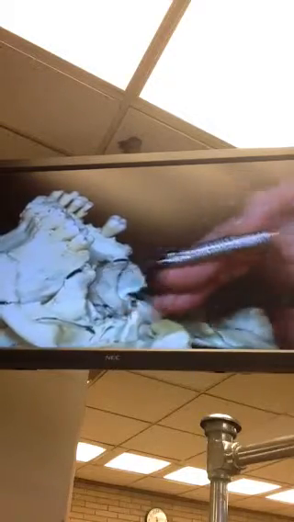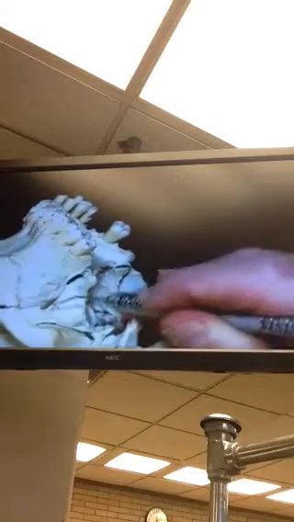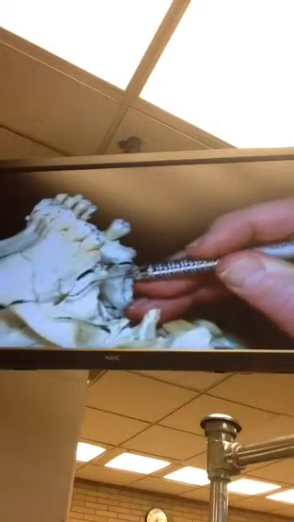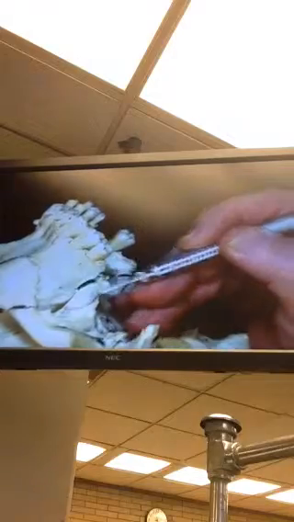On the tuberosity aspect of the maxilla, let's see it here because the teeth are still present. You can see a groove here going into a foramen, and another opening here going into a foramen a little bit larger.